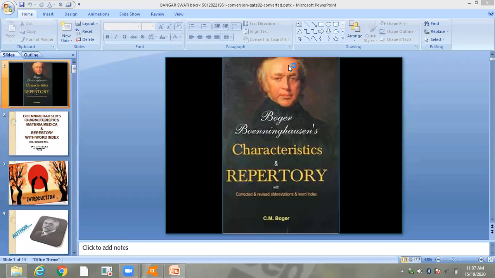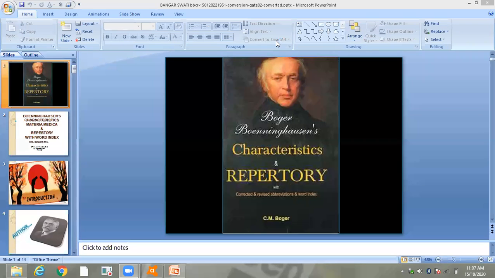As there are no concomitants given in BTPB, Dr. Boger tried to cover that lacuna of BTPB and he added concomitants in BBCR. Then, many diagnostic rubrics which we cannot find in any other repertory.